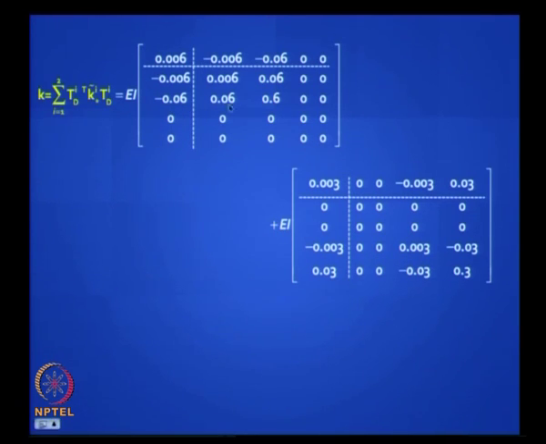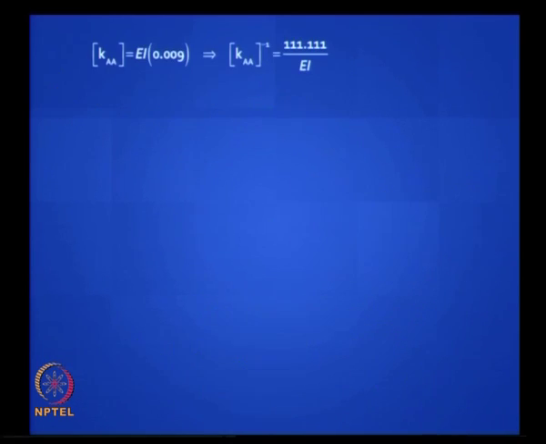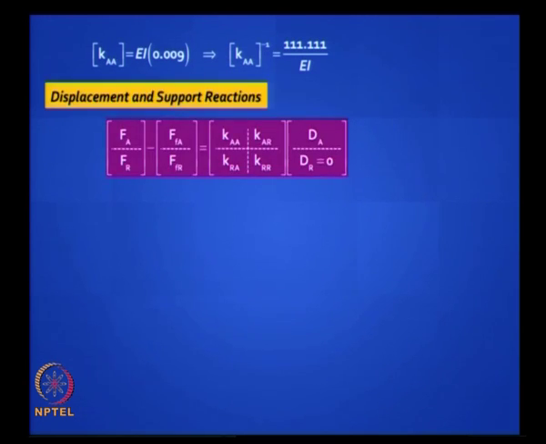The first contribution comes from the first element, second contribution comes from the second element, and you just add up, you will get the final stiffness matrix. K is 1 by 1, very easy to do. You can find the inverse, which is just a reciprocal. Same formulas, these are now looking very, very familiar, there is nothing great in all this.